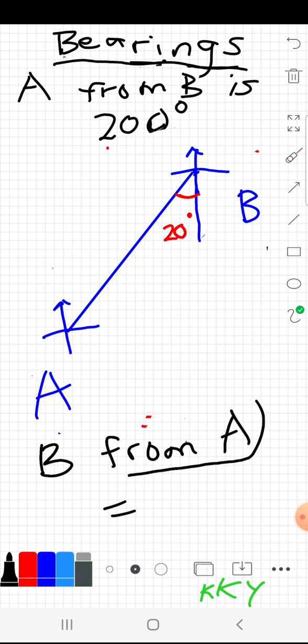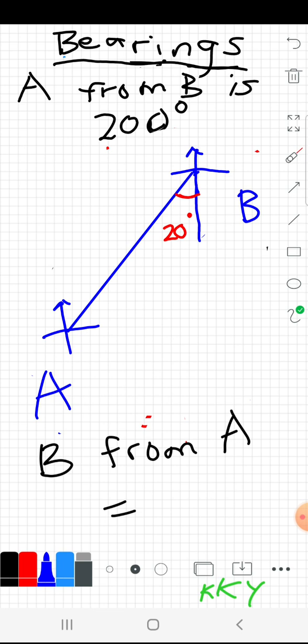From A means go to A. So I'm going right there to A. This is A. I want to find the bearing of B from A. Now I have to first of all transfer this angle to the other side. Now this angle is less than 90. I told you we needed an angle less than 90 degrees. So I have to transfer this angle from B to A. How do I transfer it to A?